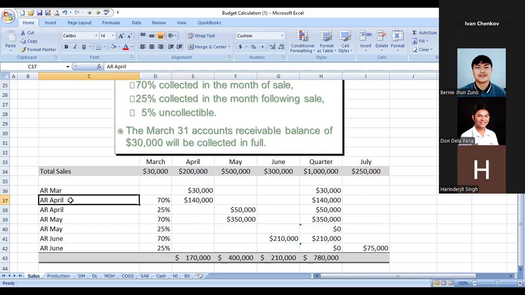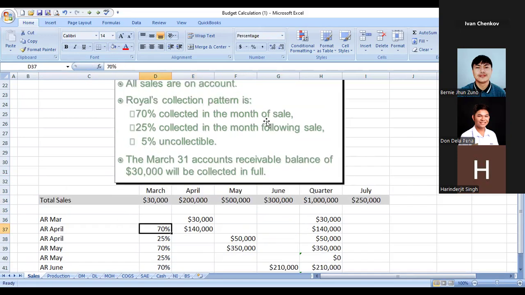In April, we're going to collect first the $30,000 that's sitting from March, correct? Yeah. And then we're going to collect 70% of the month's sales.